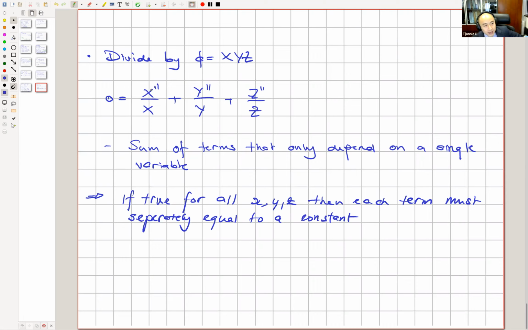prime prime over X equals a constant. Similarly, Y prime prime over Y equals a constant. And Z prime prime over Z equals a constant. Because if it becomes a function of, let's say, z, then I cannot generally make this true. Because I know that X prime prime over X is only a function of x.